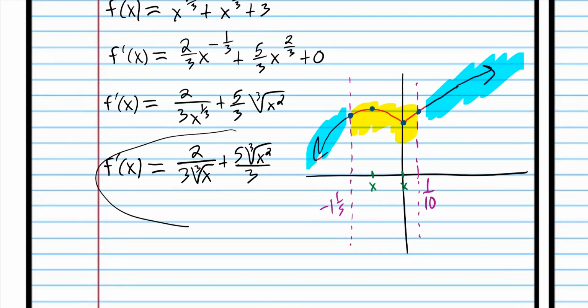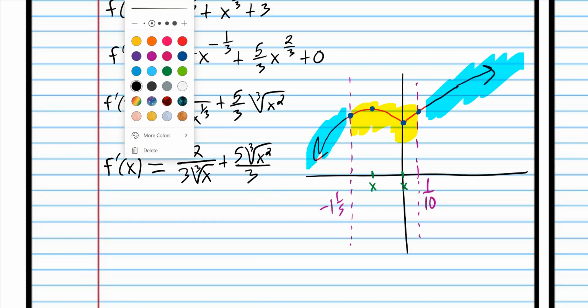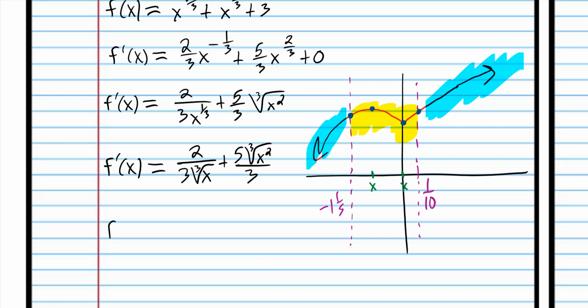Now, when trying to analyze the derivative function for critical numbers, I want you to understand that in most cases it's best to combine the terms into one expression. I know that that's not exactly convenient, but in my experience that's the best way to easily see what the critical numbers are.